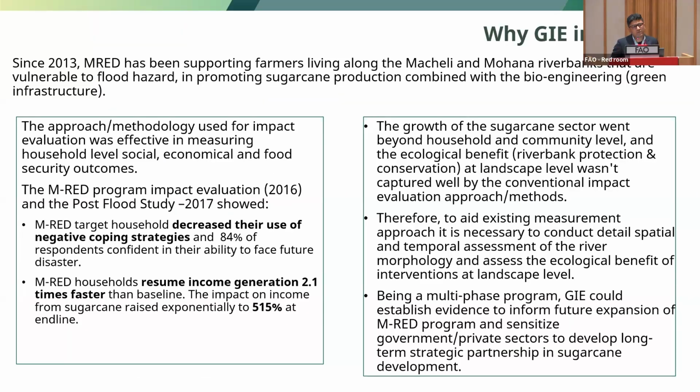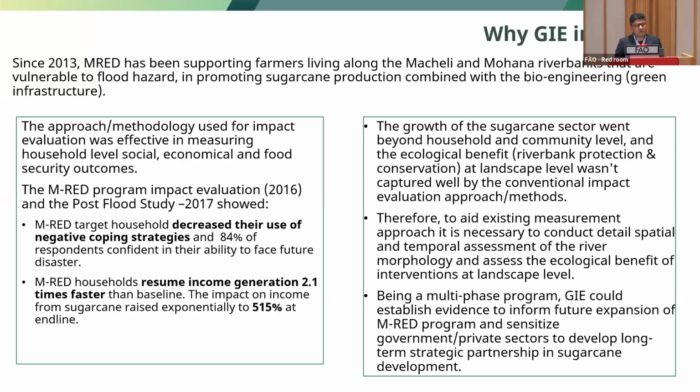And what we were observing: MRED had conducted multiple household survey-based quasi-experimental studies where there was no disaster, and also impact evaluation where there was disaster, and proven that MRED households fared better than non-MRED communities, highlighting improved social, economic, and food security outcomes.